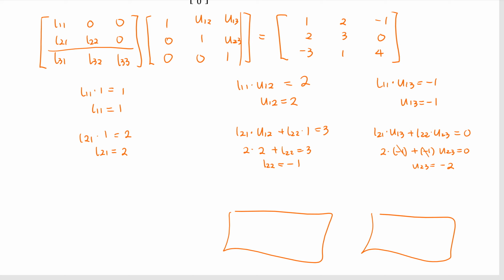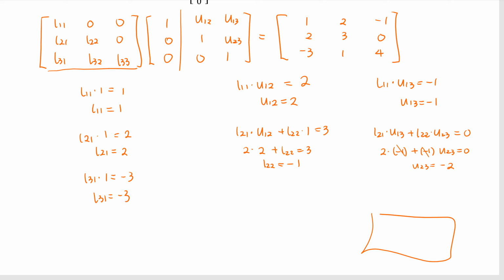Okay, let's continue. Use the third column multiplied by the first row. Oh, sorry. I mean the third row multiplied by the first column. L31 times 1 equals minus 3. So L31 equals minus 3. And then multiply by the second column.